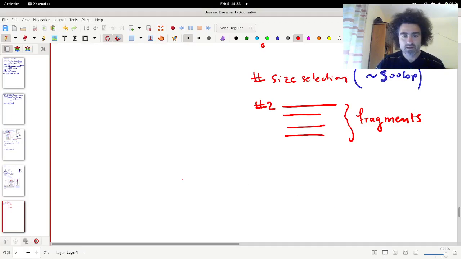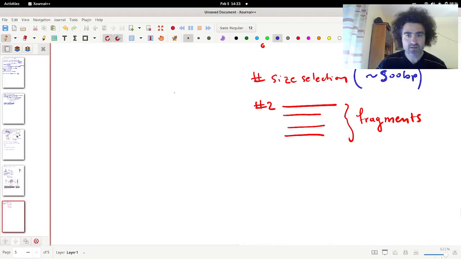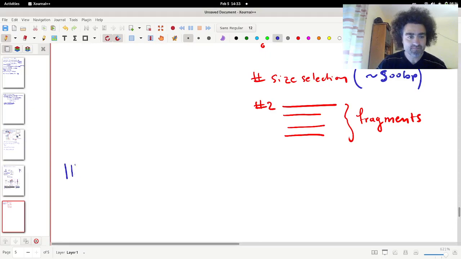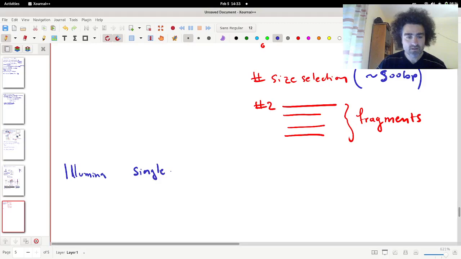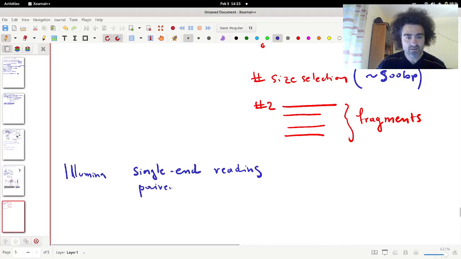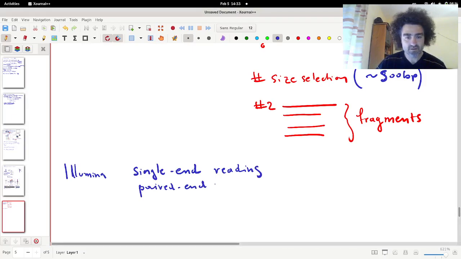And what will happen in Illumina is that, I must say now, in Illumina we have the single-end reading and the paired-end reading.